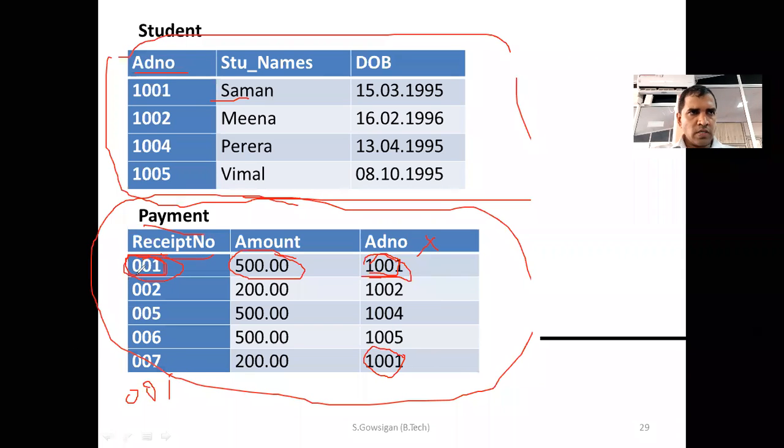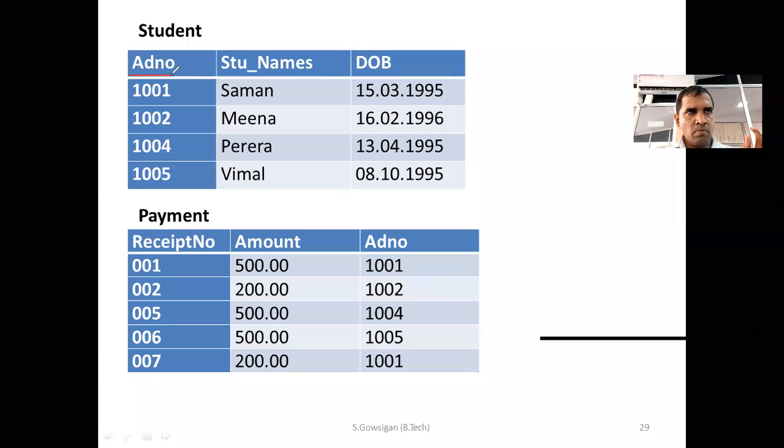So when 001 is printed for this receipt, that number will never be printed for any other receipt issued by that particular school, right? So now I can confirm that the receipt number is the primary key. Have you understood? So admission number in the student table is the primary key. Receipt number in the payment table is the primary key, right?